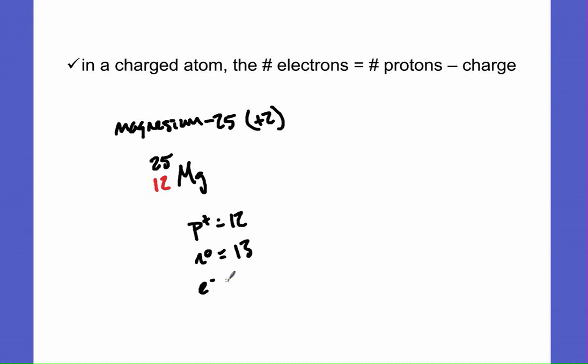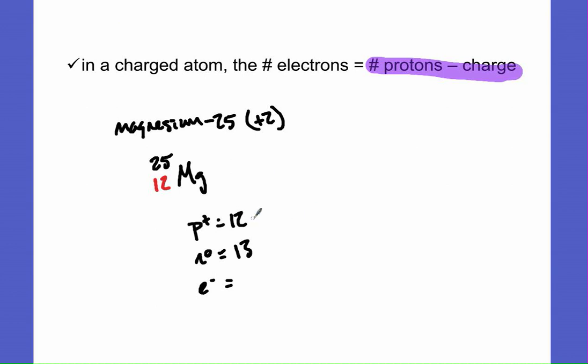But the electrons is where things change this time. In order to figure out how many electrons I have, one of the tricks that you can do, you can take your number of protons and you can subtract the charge from those protons. So logically speaking, if I'm going to have a positive charge, I have to have more positive things than negative things.